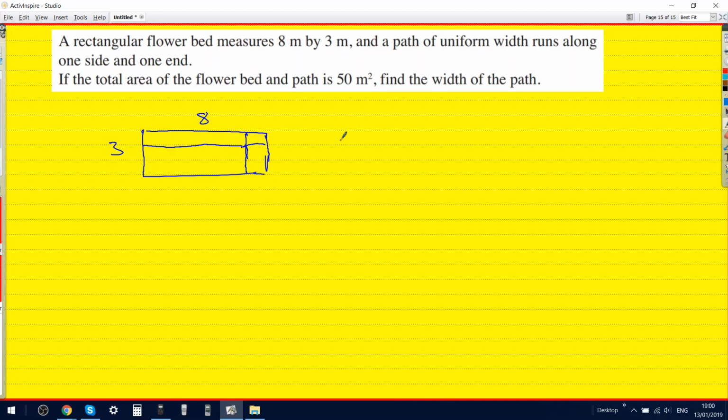Total area. The area equals 50 meters squared.